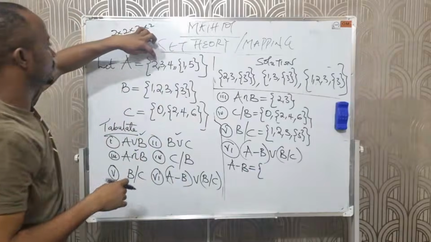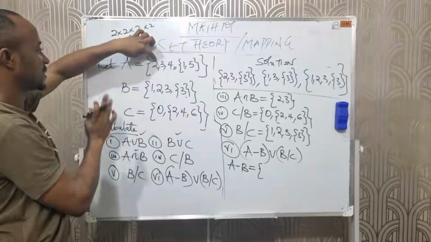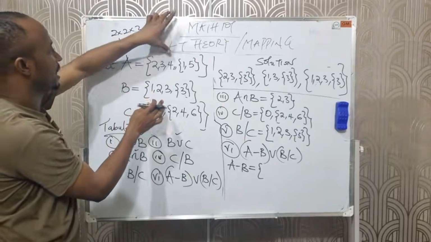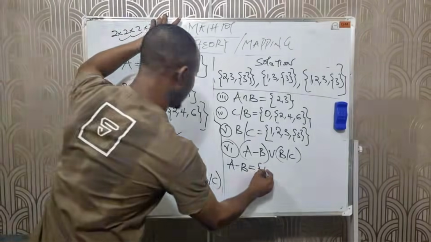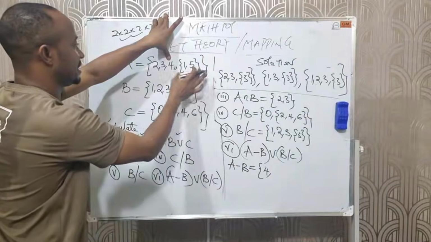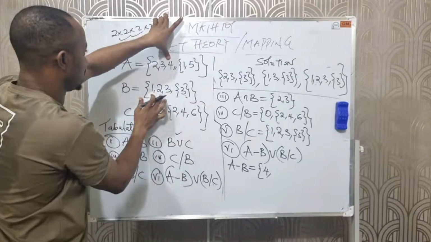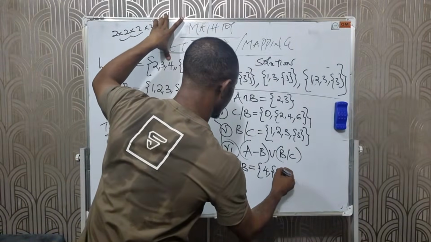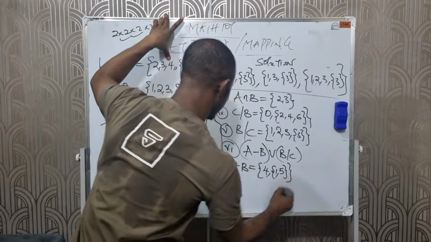Let's check this out. We have 2 here, we have 2, so 2 is not part. We have 3, we have 3, so 3 is not part. We have 4, but there's no 4 here, so 4 is part. Followed by this set here, which is in A but not in B. So we have 1, 5.